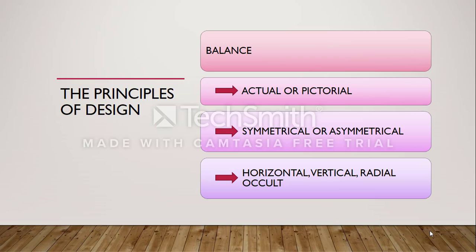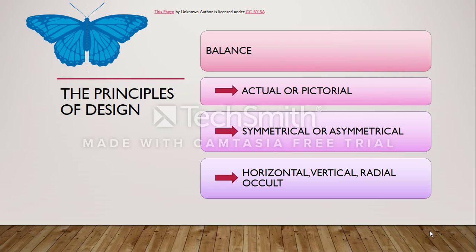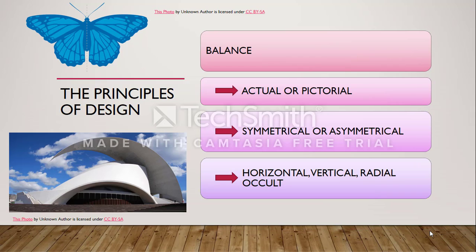The balance can either be symmetrical, where the sides correspond in form or arrangement, as in this butterfly, or asymmetrical, where there is variation from one side to another, as in this building. Other types of balance include horizontal, vertical, radial, and occult. Please see the lecture in your resources for this module for other examples of this type of balance.